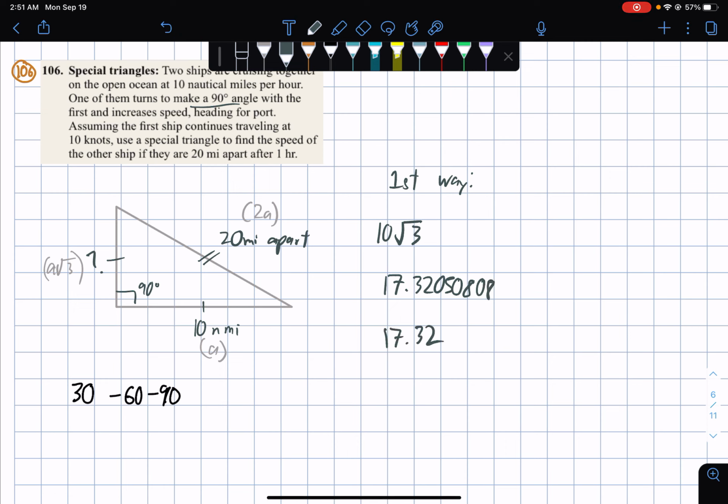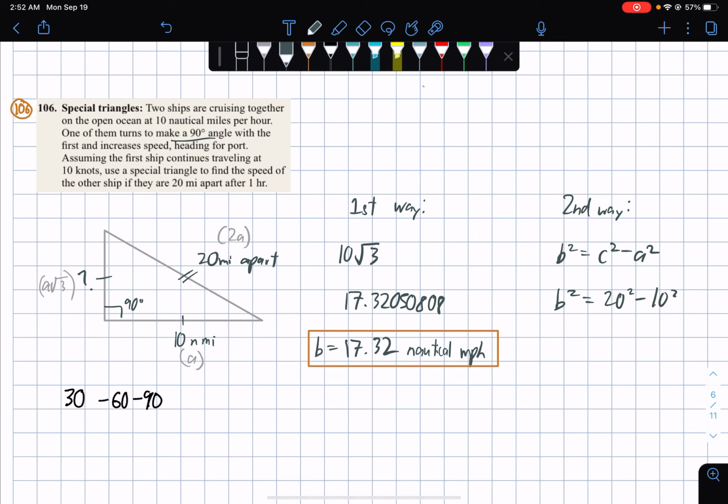And yeah, I think this is the final answer. Now let's try to use the second way. So given, we write something like this, wherein c raised to 2 is 20 raised to 2 minus 10 raised to 2.